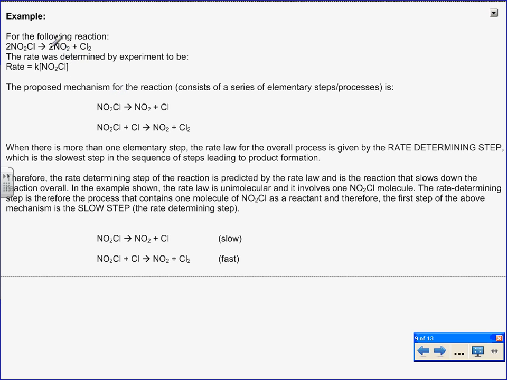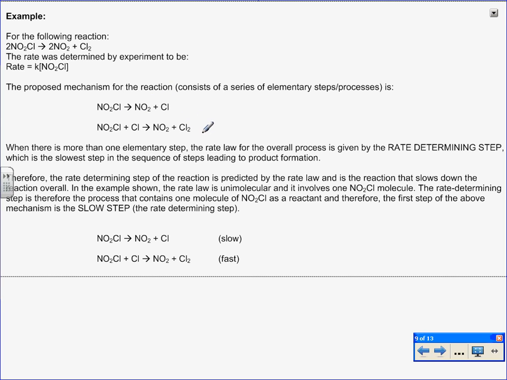They decided that rather than 2 molecules of NO2Cl colliding, this would be realistic. One molecule of NO2Cl decomposes to form NO2 and Cl. This Cl is now a very reactive intermediate, and it reacts with a second NO2Cl molecule to produce NO2 and Cl2.